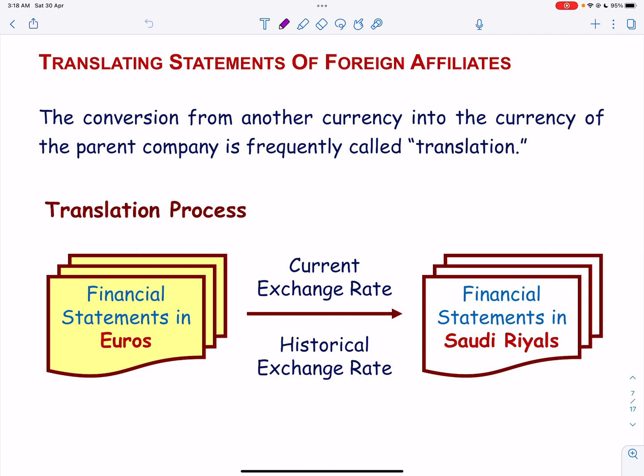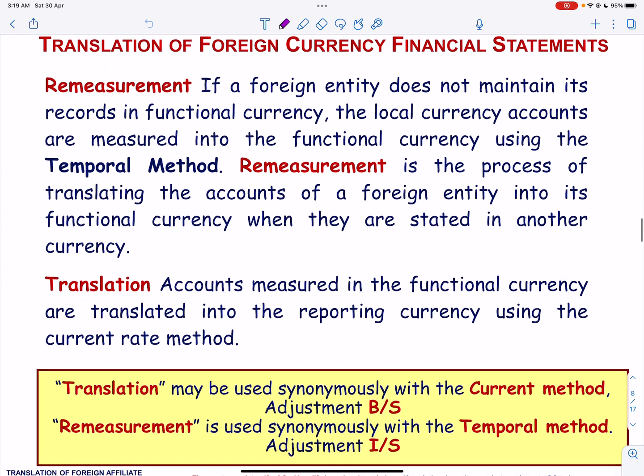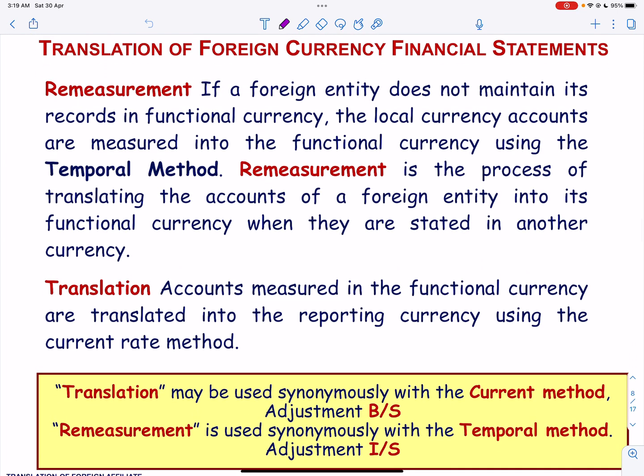When translating into Riyals, it can be done either using current exchange rate, historical exchange rate, or weighted average rate. We will be talking about the rules on the basis of which these rates can be used in the translation process. There are two methods of translation. One is called the remeasurement method and the other is called the translation method.